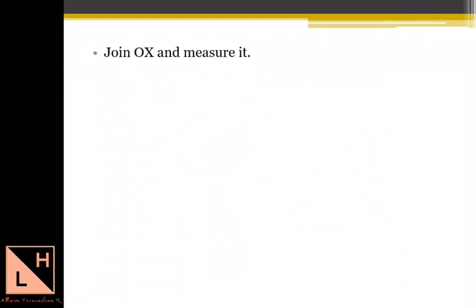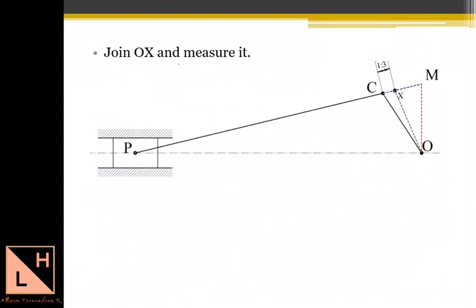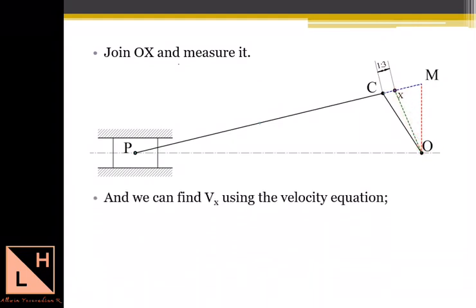And next what we do is we join this point O to X and measure that distance as you see in this drawing. So we located the point X and simply join a line to that point from O, using which we will be able to find the velocity Vx, which is simply the velocity of the point at connecting rod at the given ratio.